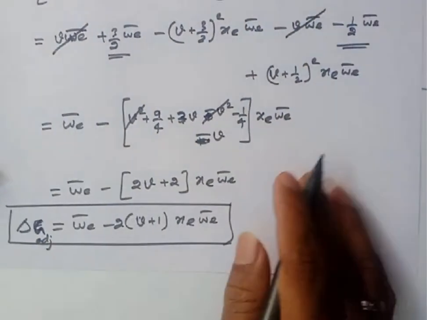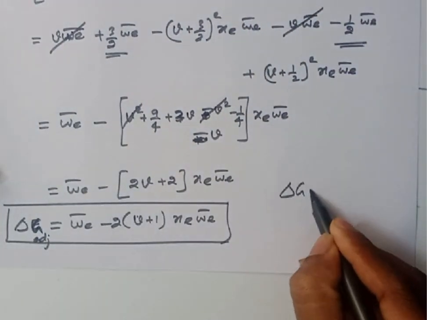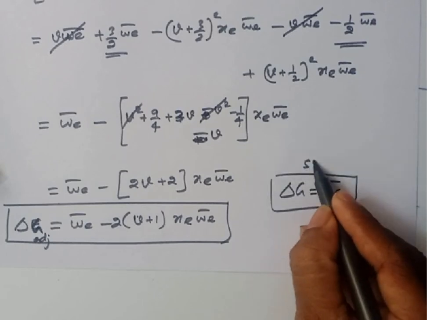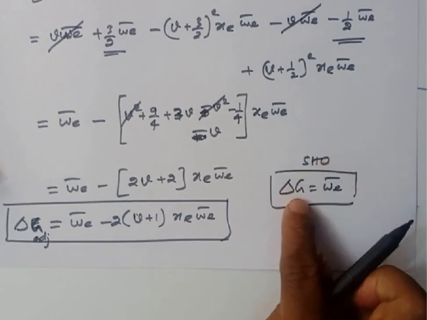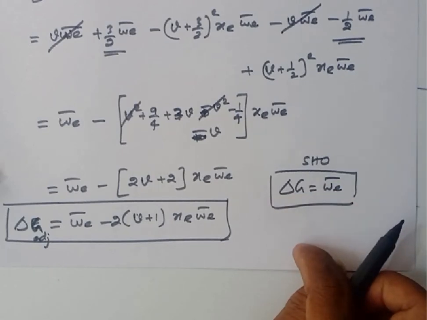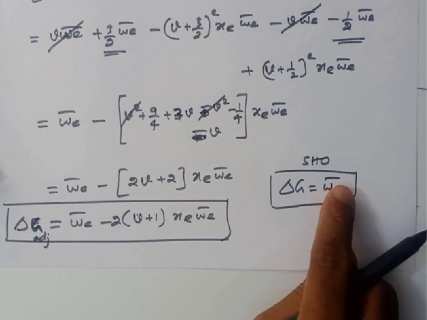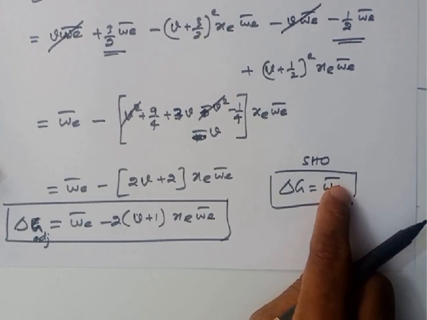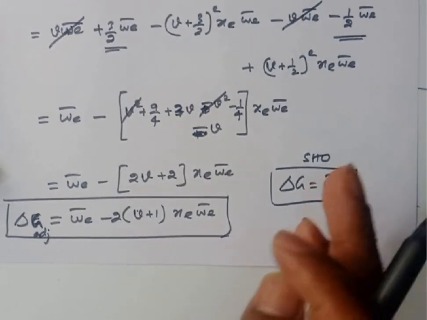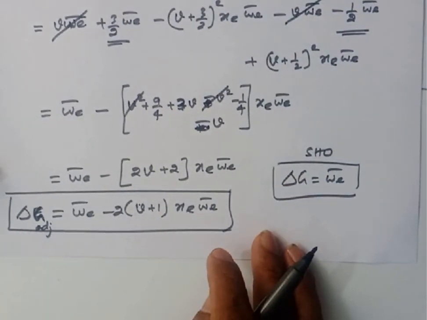In the case of a simple harmonic oscillator, we found that the energy gap is just omega E bar. It is independent of the vibrational quantum number, I told you. That's why for all transitions the same energy of radiation is absorbed, right? We expect only one line in the spectrum.